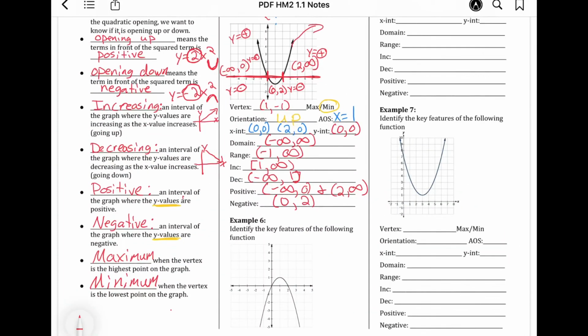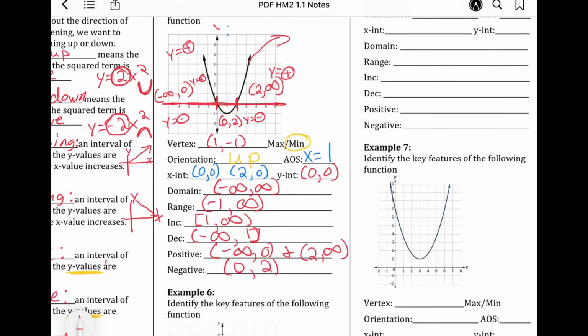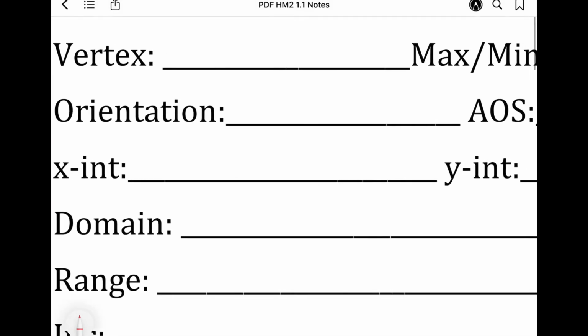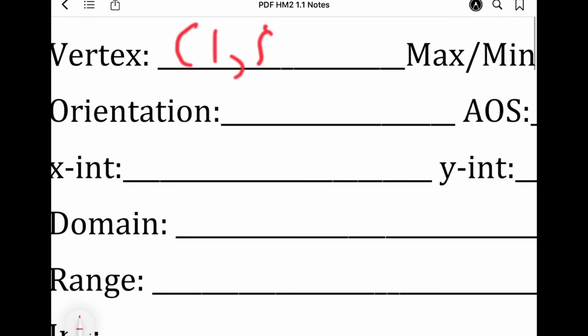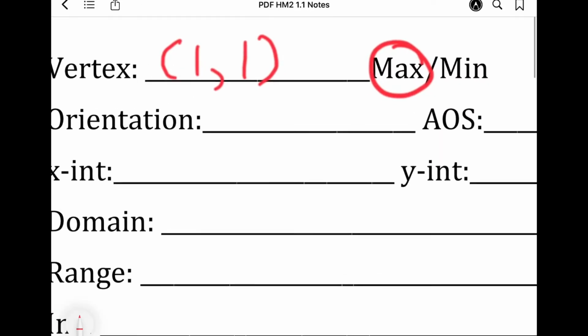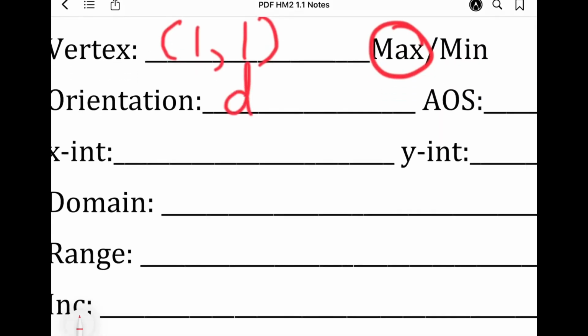You should have gotten the following. Your vertex is at (1, 1), and it is a max. Your orientation is down.